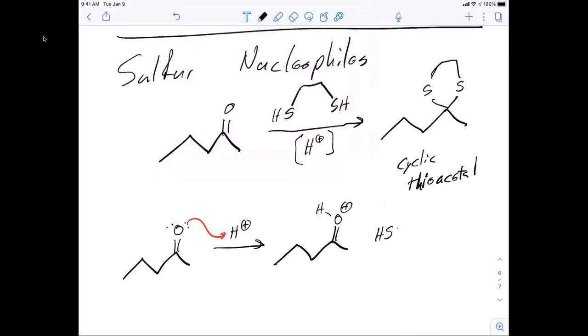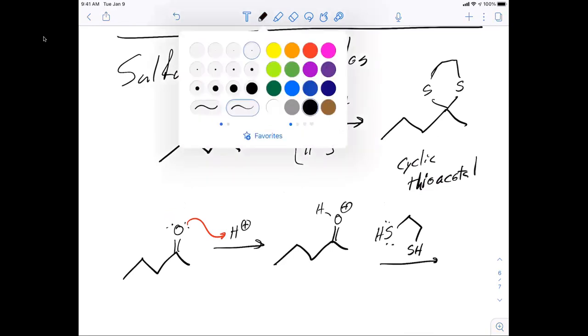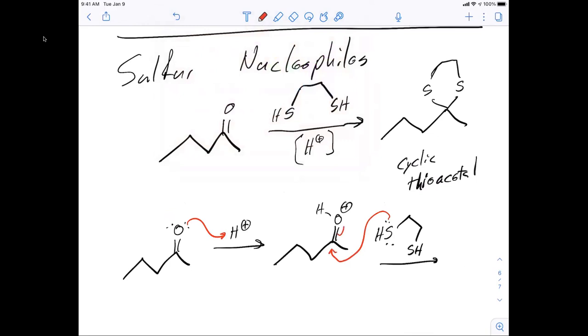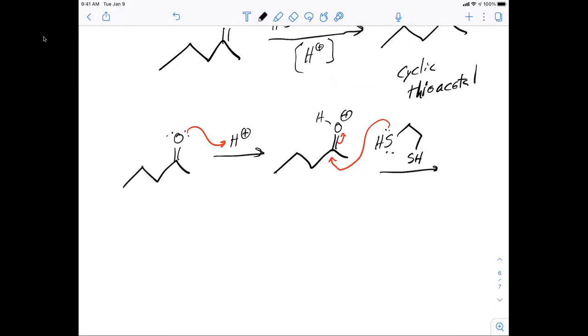And then our sulfur. Then we're going to get a proton transfer.